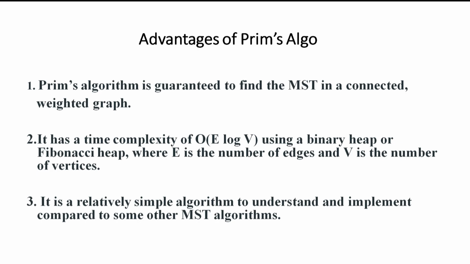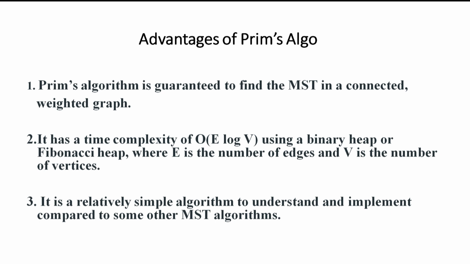Then the next question is, what are the advantages of Prim's algorithm? As I told you, for the minimum spanning tree there is one more popular algorithm, known as Kruskal's algorithm, but we are not going to discuss that today; we will cover it in another lecture.